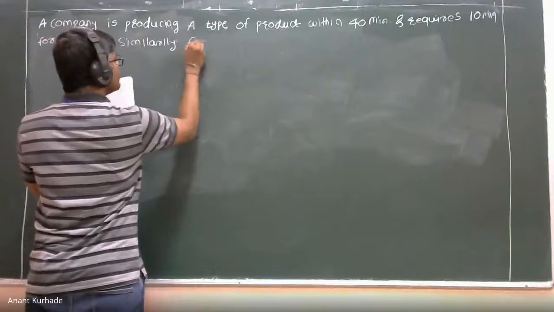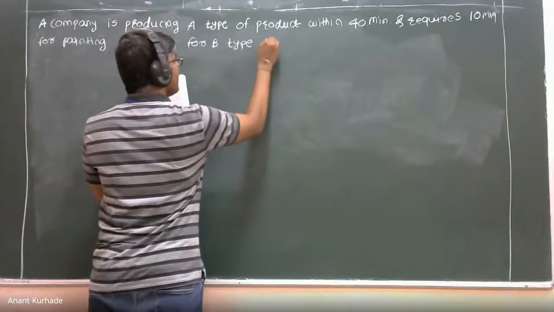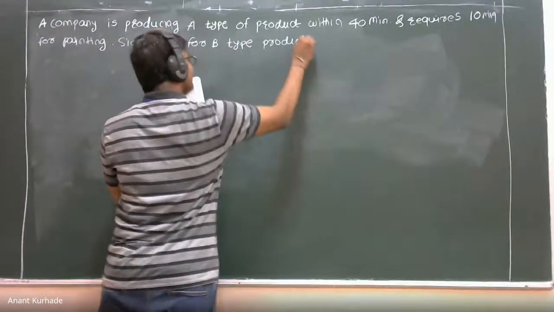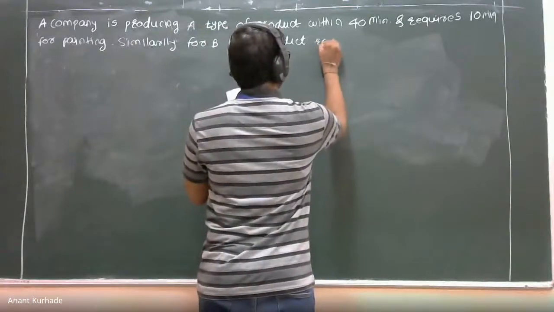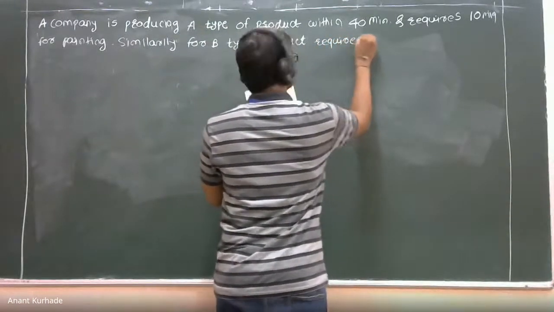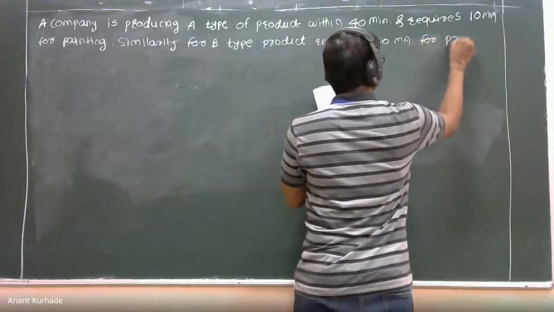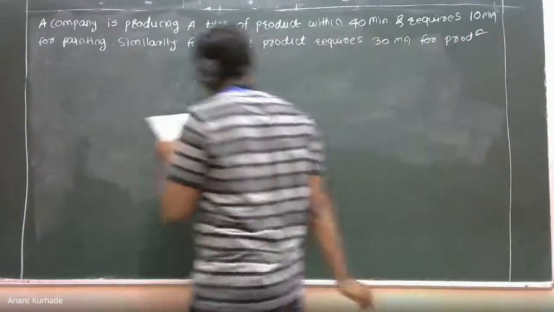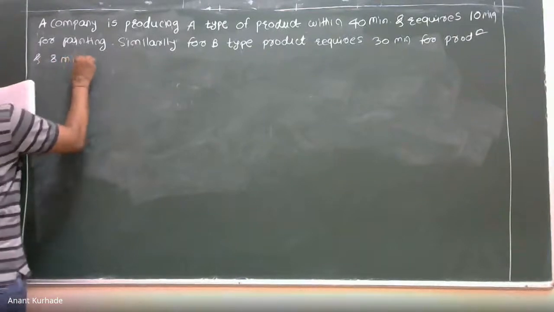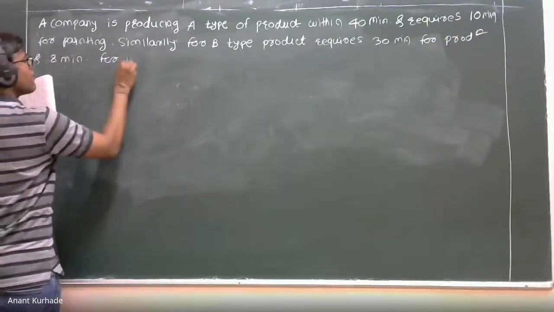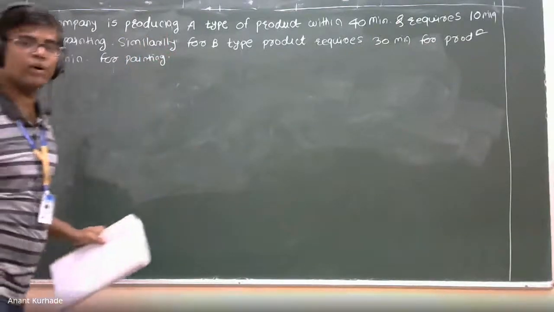Similarly, for B type product, while reading, please try to understand. B type product requires 30 minutes for production, and 8 minutes is given for painting.